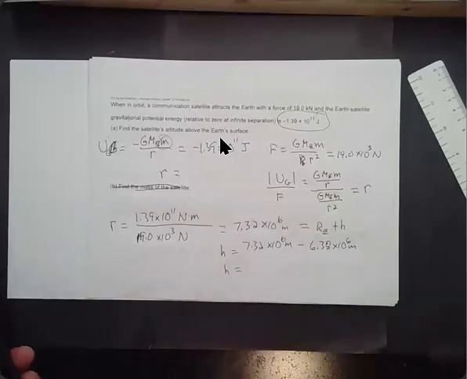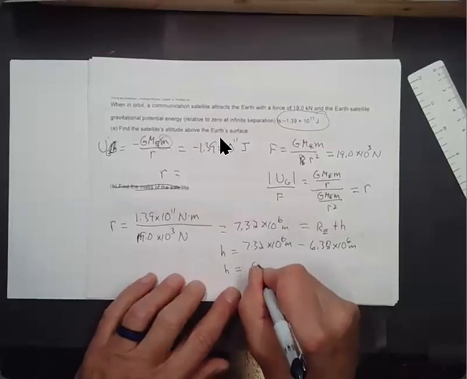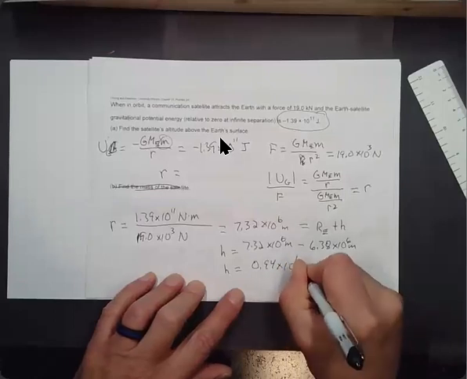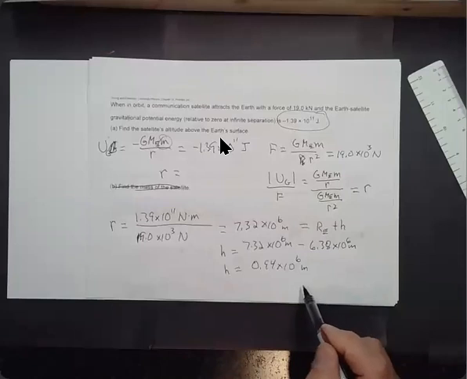So it'll be, let's see, 7.32 minus 6.38. I think that's 0.94 maybe, but I'll check it. Yeah, it's 0.94 times 10 to the 6th meters, or 94 times 10 to the 5th meters anyway.